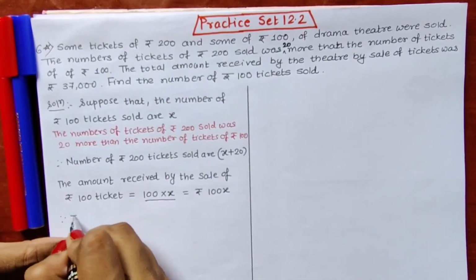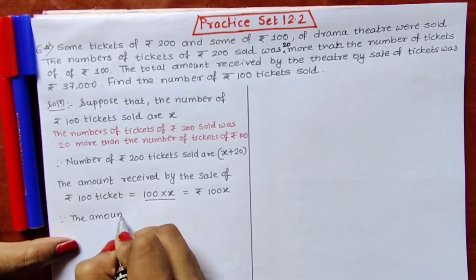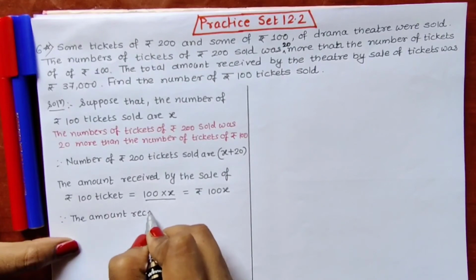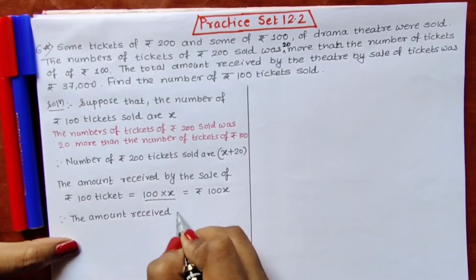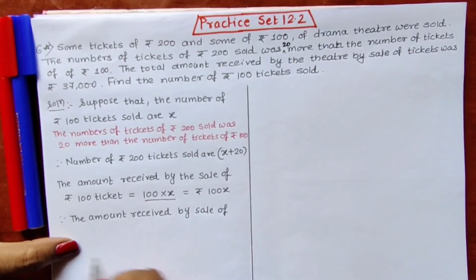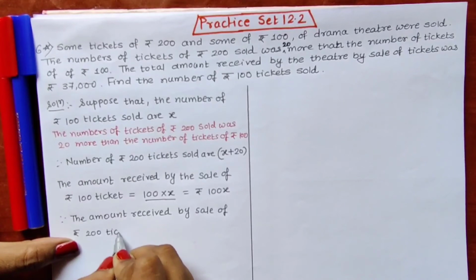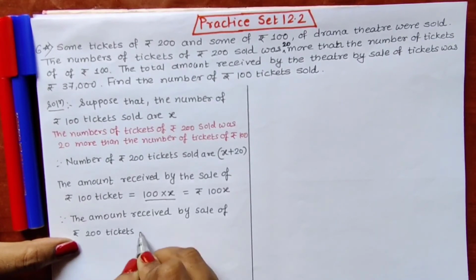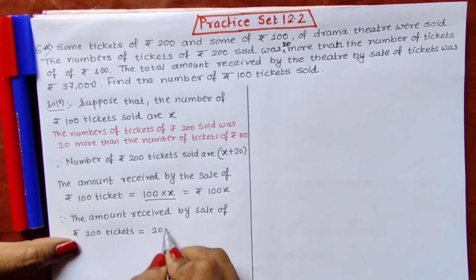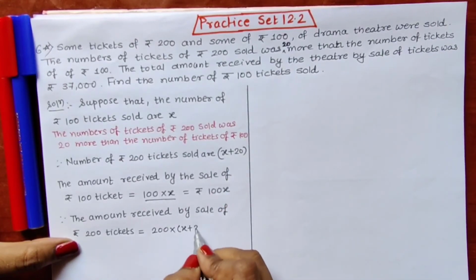And the amount received by sale of rupees 200 tickets will be 200 multiplied by the number of 200 tickets, which is X plus 20.